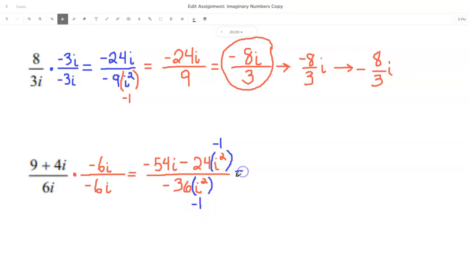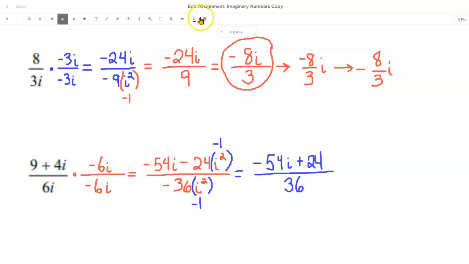So now I'm just going to simplify. So negative 54i plus 24 over negative 36 times negative 1, which is 36.